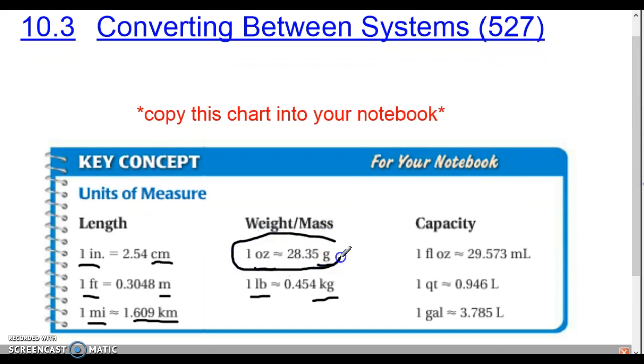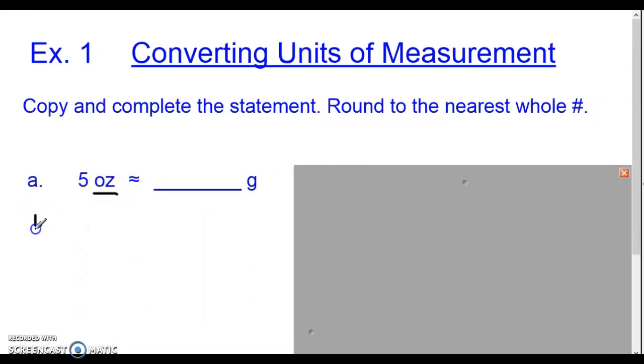So you want to make sure that you copy that down underneath your problem. 1 ounce equals 28.35 grams. So I'm going to put that over here. 1 ounce equals 28.35 grams. And so they give me 5 ounces.